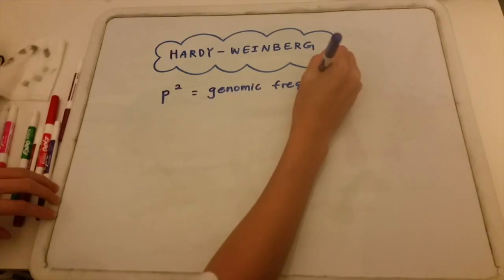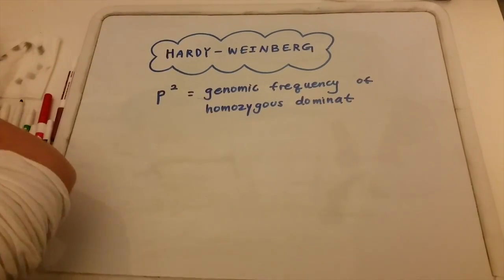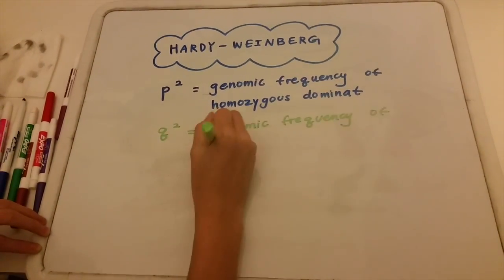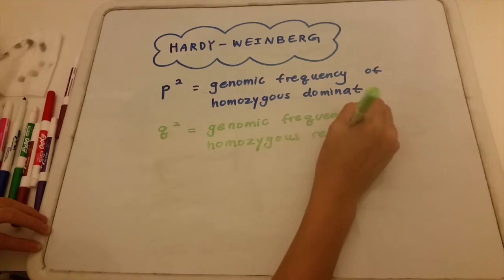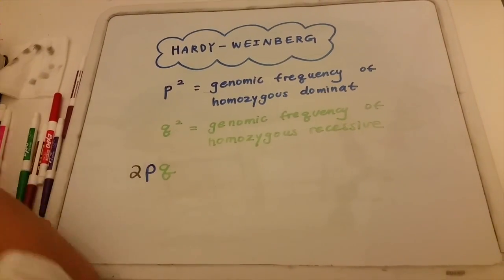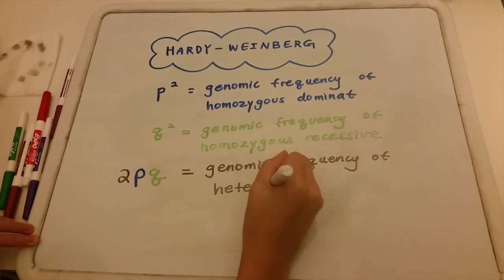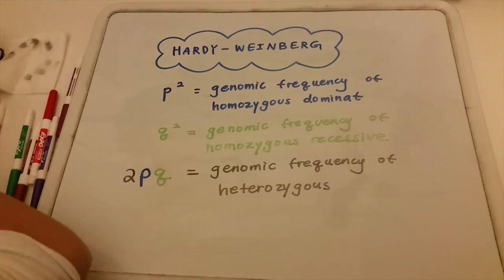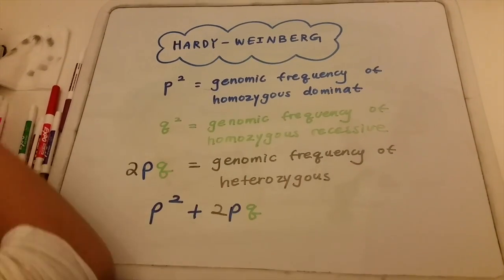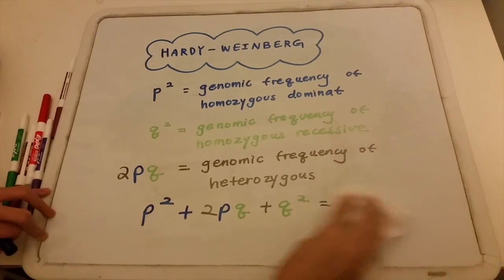P squared equals the genomic frequency of homozygous dominant organisms. Q squared represents the genomic frequency of homozygous recessive organisms. 2pq represents the genomic frequency of heterozygous organisms. Thus, p squared plus 2pq plus q squared equals 1.